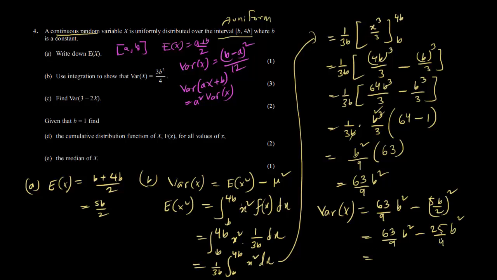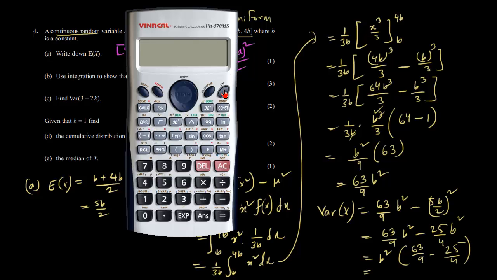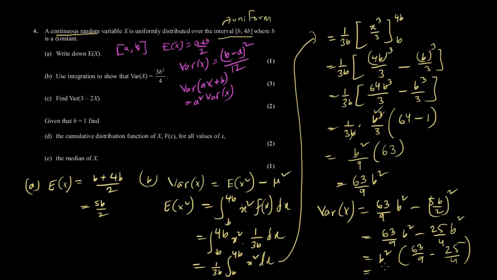If we take b squared common, then we have to calculate 63 by 9 minus 25 by 4, and it turns out to be 3 by 4 b squared, and that's what we had to prove.